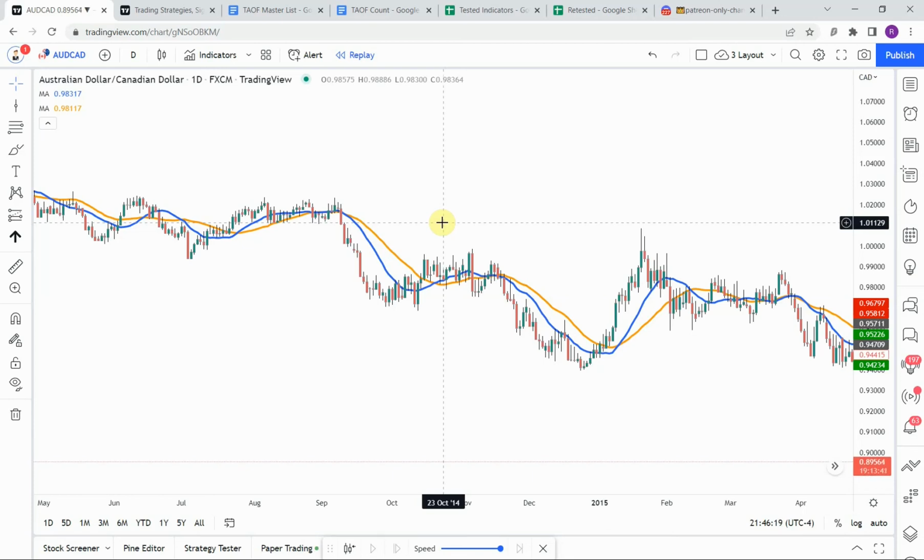So some of those indicators we will test on, say, a 12-hour chart, or maybe a 4-hour chart, or maybe a 1-hour chart. Like I said, it will vary, based on the number of trades it did.